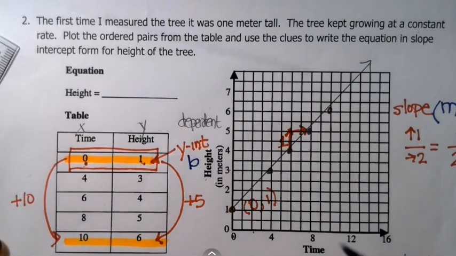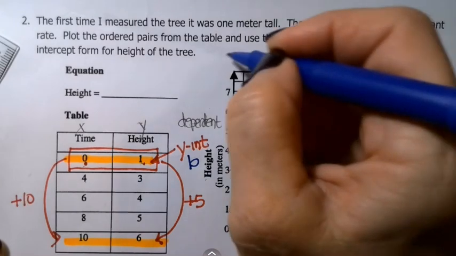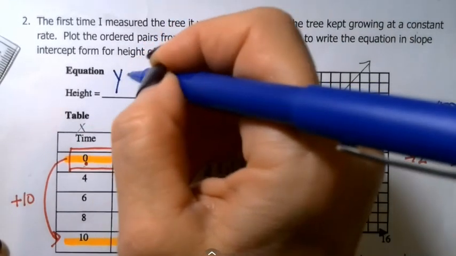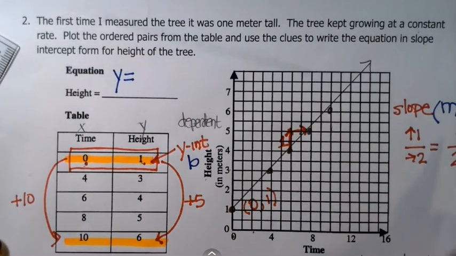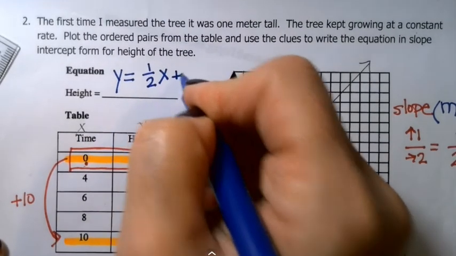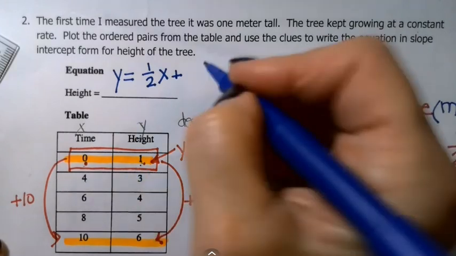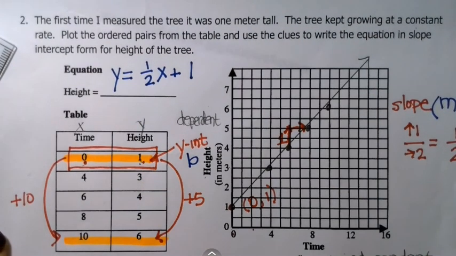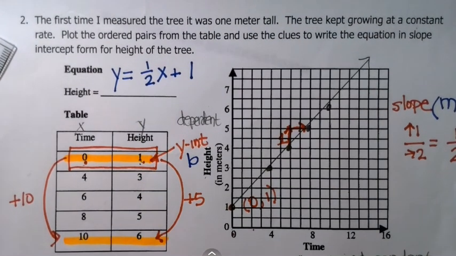So if my equation is in the form of y equals m, that's 1/2, x plus b, b is a 1. And so the equation of this line is y equals 1/2 of x plus 1. Double check that that works. Just pick a point, maybe a point we did not use.